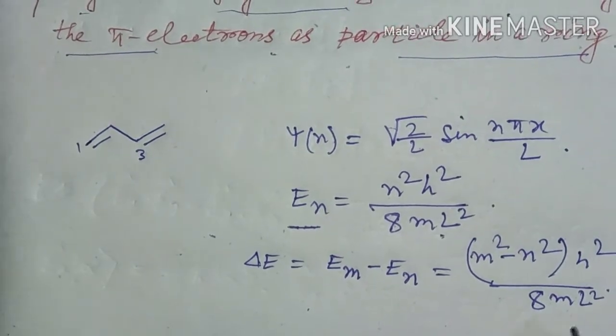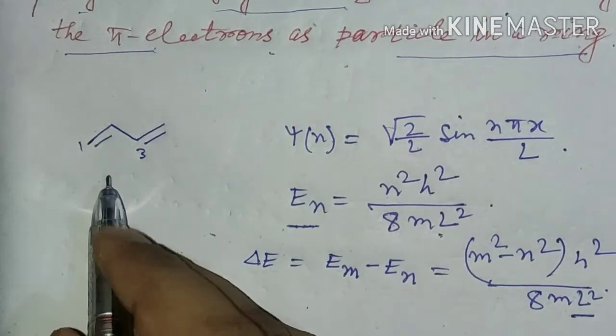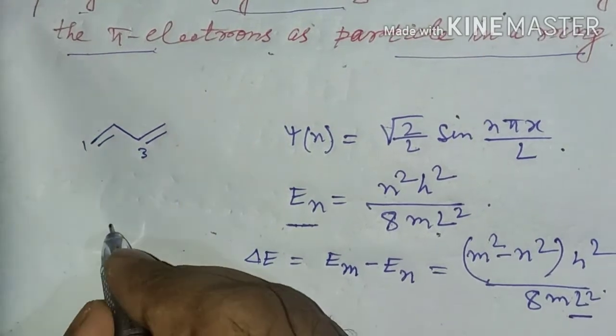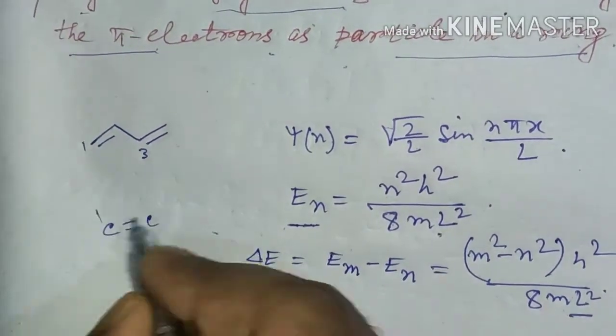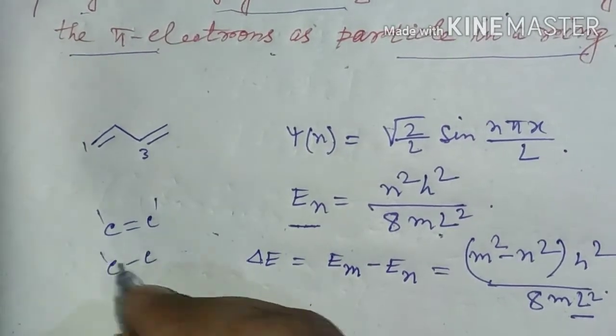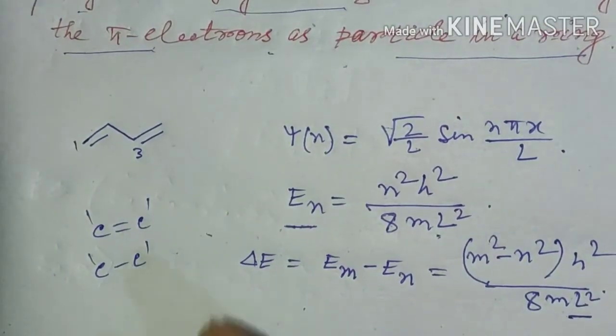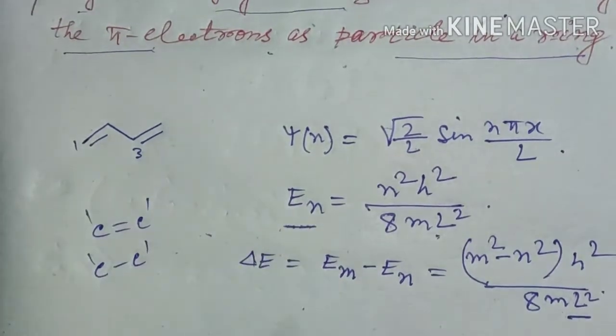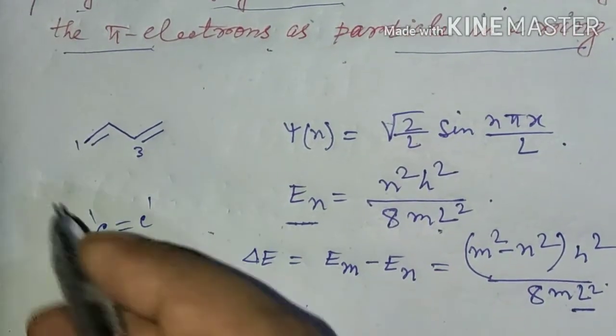Now, if you are not given the length of the conjugated system and you are only given the CC double bond length and CC single bond length, then you have to calculate the length of this conjugated system, and you can calculate it easily.